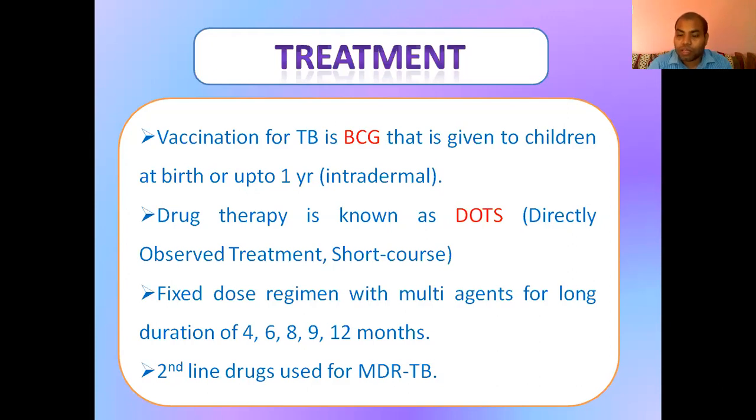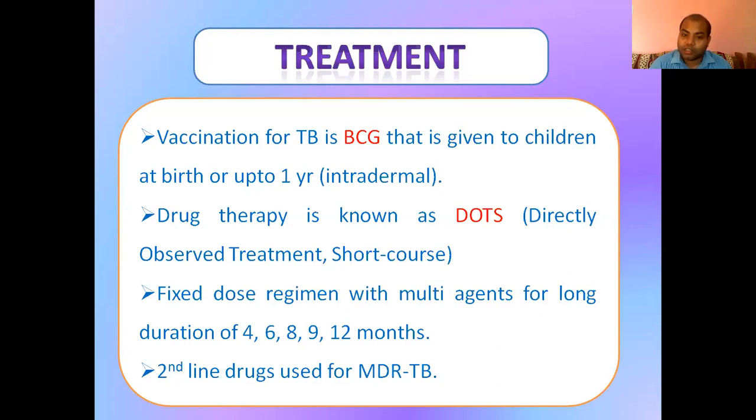If we classify the drugs used for the treatment of TB, the DOTS therapy given to the patient lasts for 4, 6, 8, 9 or 12 months, as fixed by the Government of India and also approved by WHO, and it is a multi-drug agent treatment therapy.